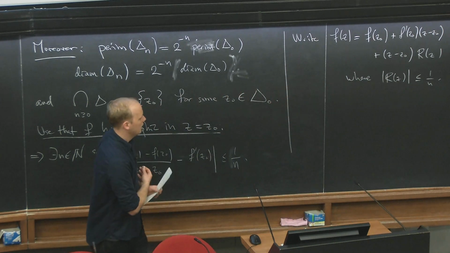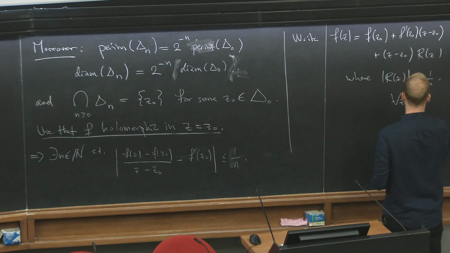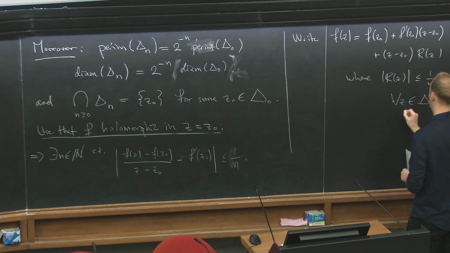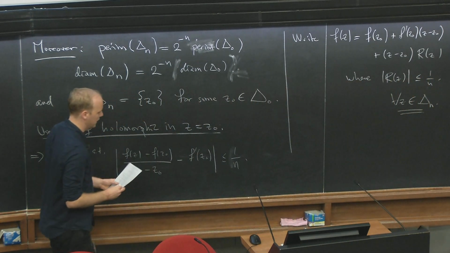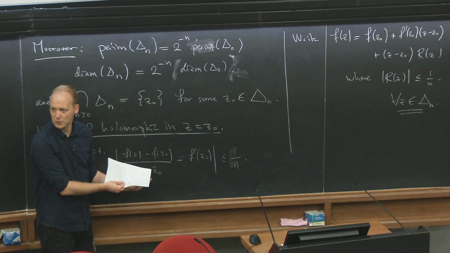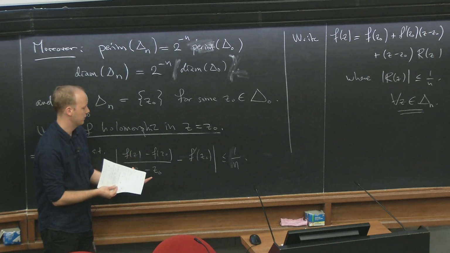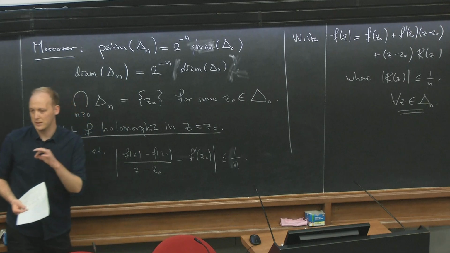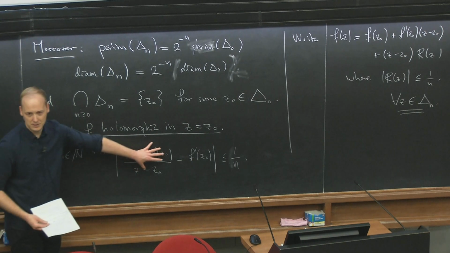Now, okay. So we get this, and this should be true for any z in delta n. Okay. So what we are saying is that if we are in delta n, then we are close enough. Yes. Yeah. Okay, so epsilon, 1 over n, whichever you want. The point is anyway that if you take n sufficiently large, then you arrive close enough to this z0, which is in all of these triangles, such that this one is small.